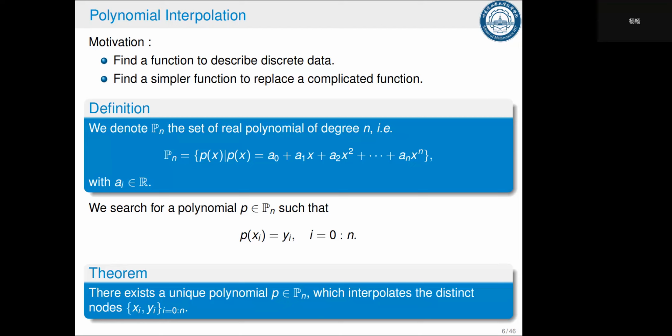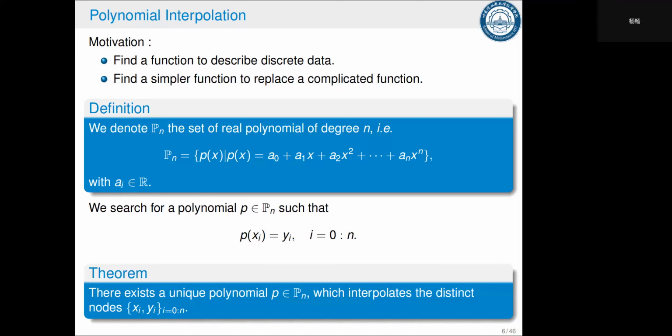For instance, sometimes when you want to compute the derivative or the integration or other operations, if the function f is too complicated, it is not trivial to make such operations.